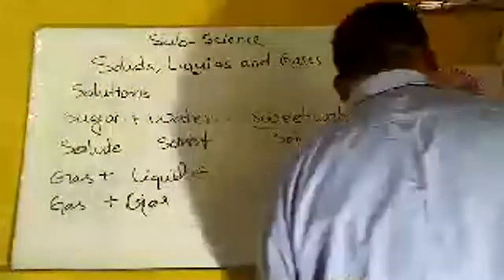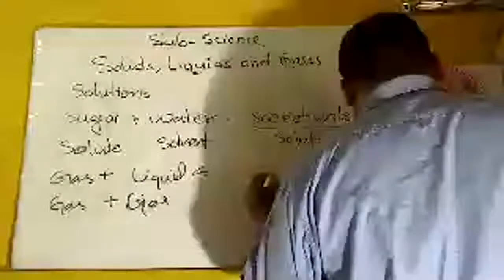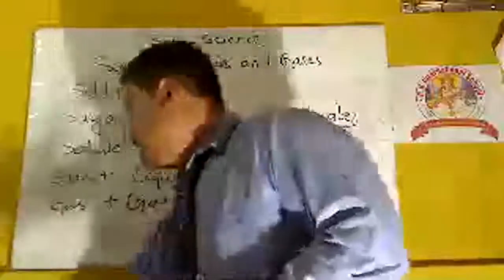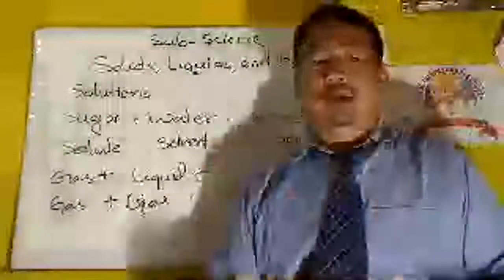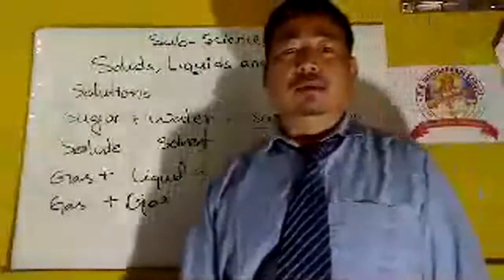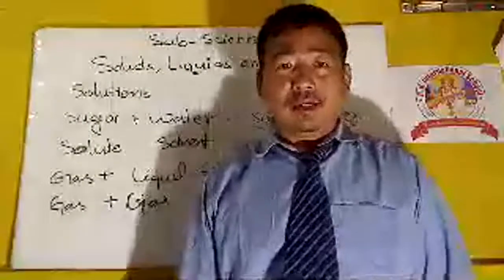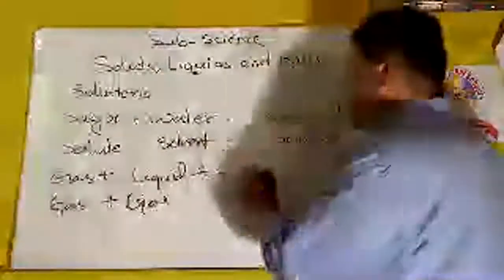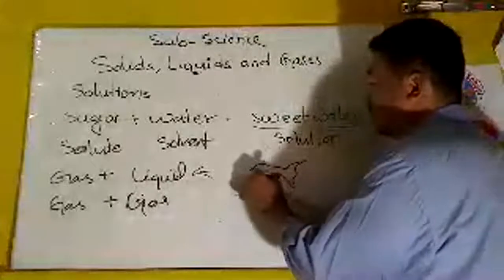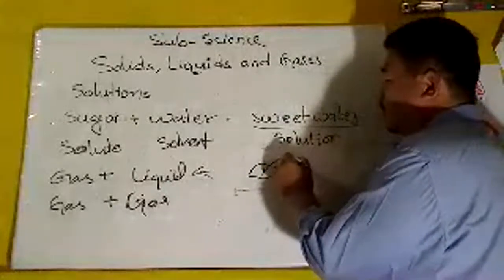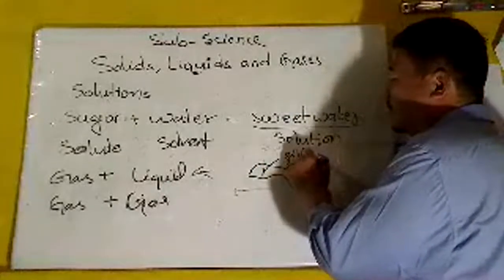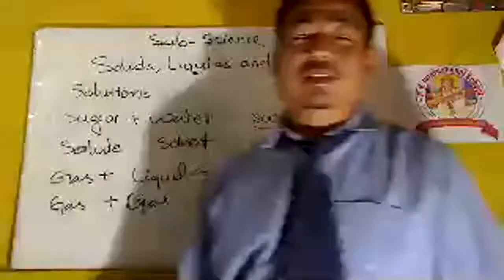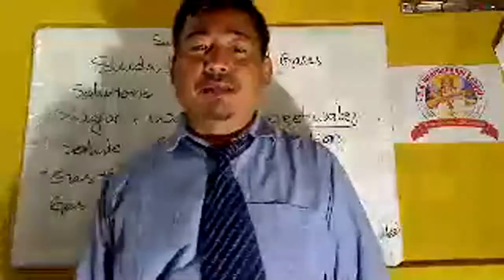Simply, I will explain you. You might have seen any aquatic animal. Take the example of fish. We have learned fish breathe through their gills.